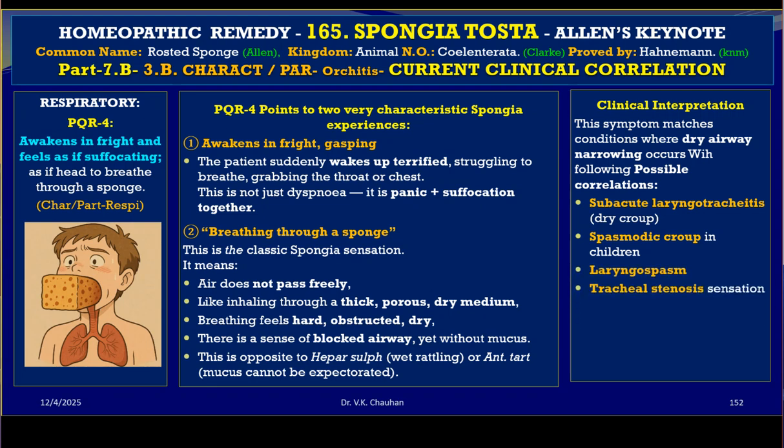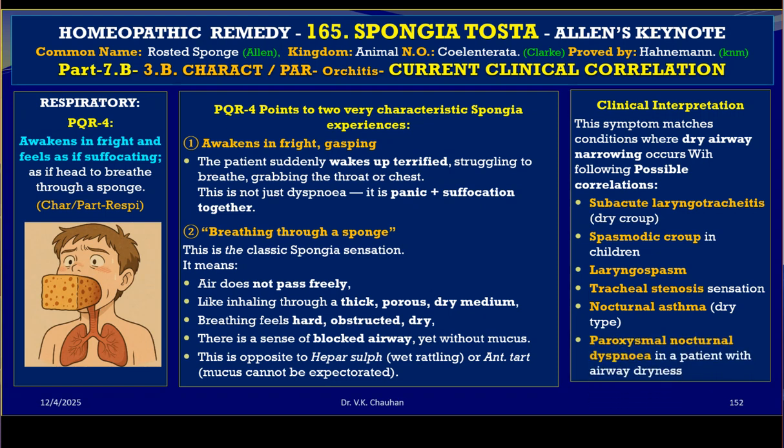Laryngospasm is one more condition, or tracheal stenosis can be one of the important reasons, and then last but not the least, nocturnal asthma is very, very important in case of children.